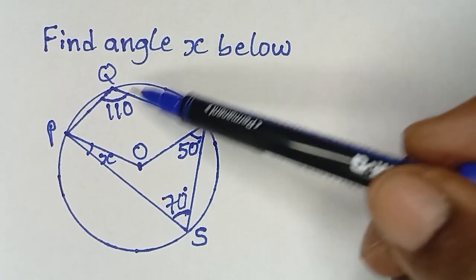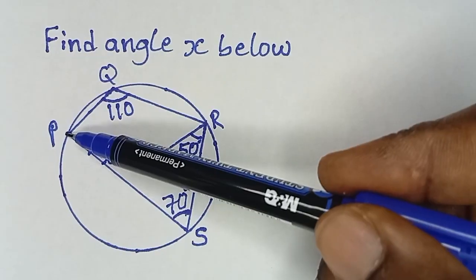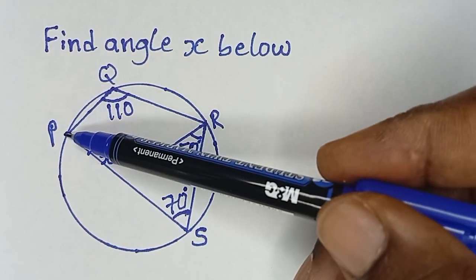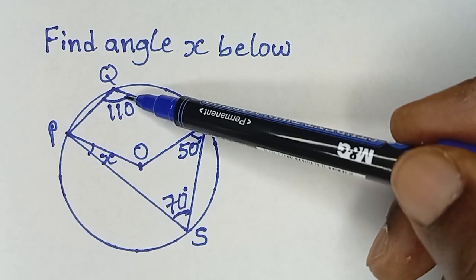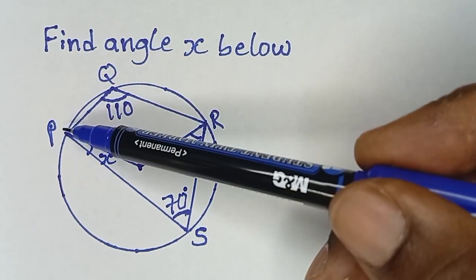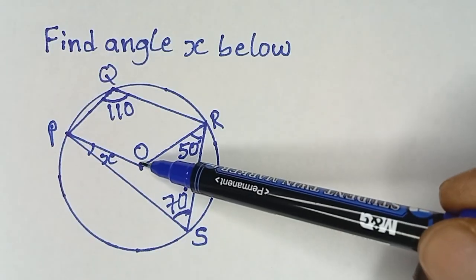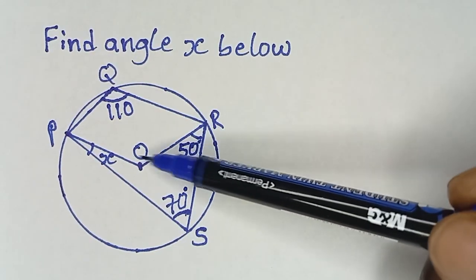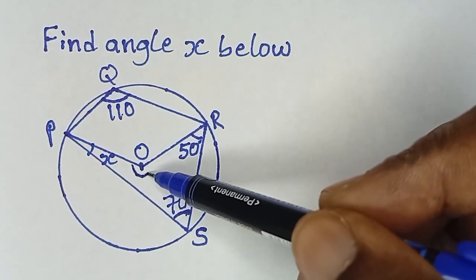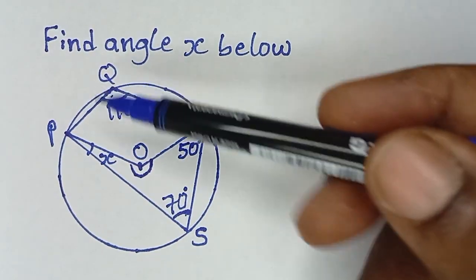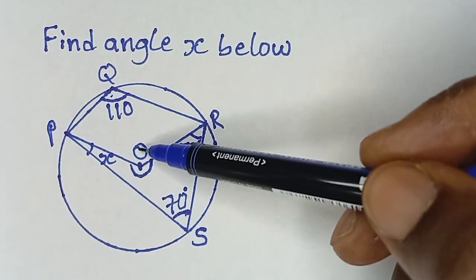Now, if you look at this angle here, this angle is at the circumference. With respect to P and R, we have these two lines going to the circumference at Q to form this angle 110. In the same way, from the same P and R, we have these two lines coming to the center of the circle. Together, they form this angle here, which is on this side. Don't forget, the angle must be on the other side, not the two opposite angles facing each other.